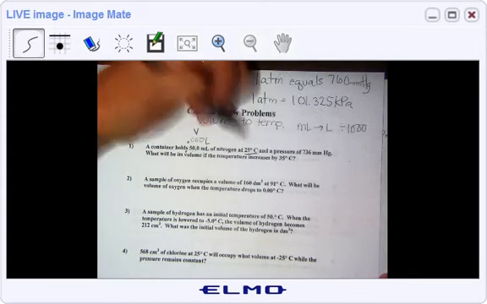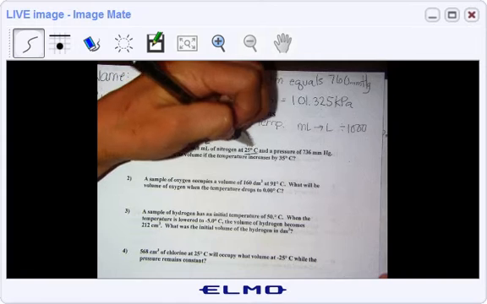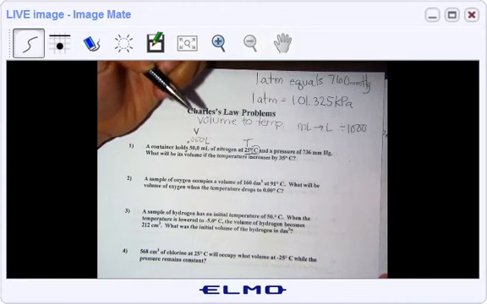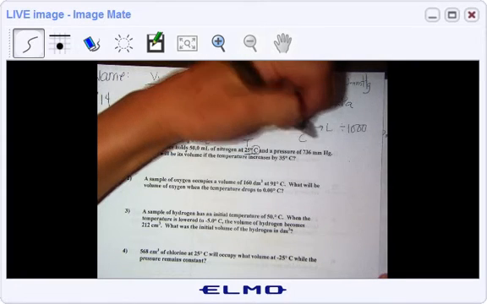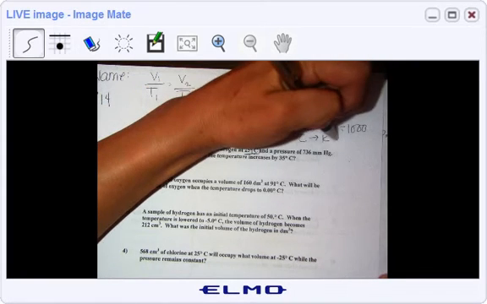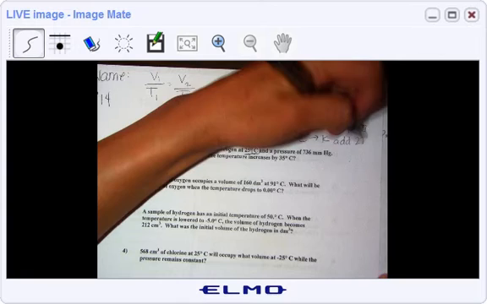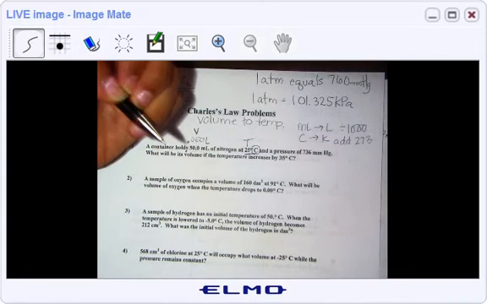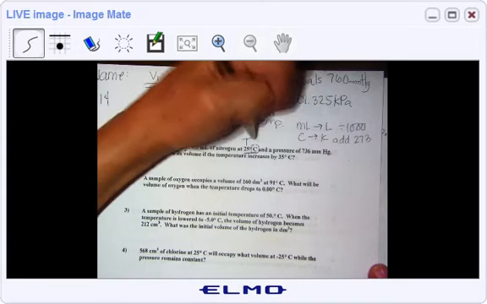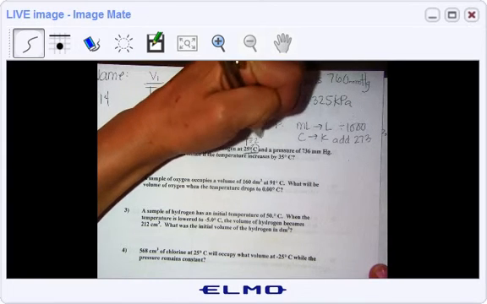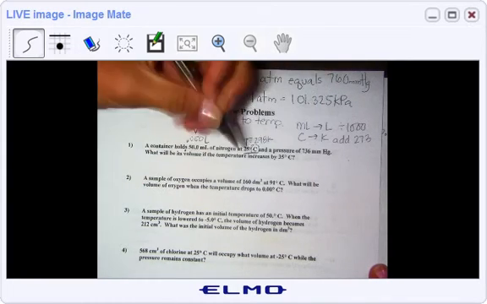It is going to be for our T. No, it needs to be in Kelvin. So how do we change Celsius to Kelvin? Add 273. So 25 plus 273. Okay, so this T equals 298 K.